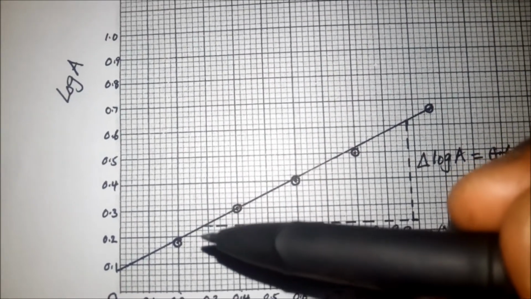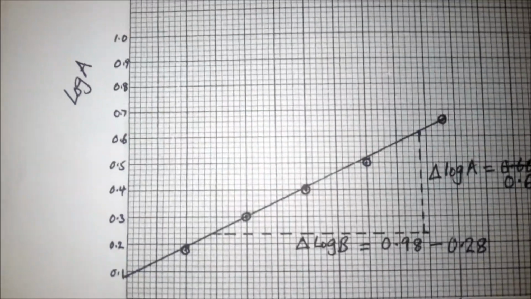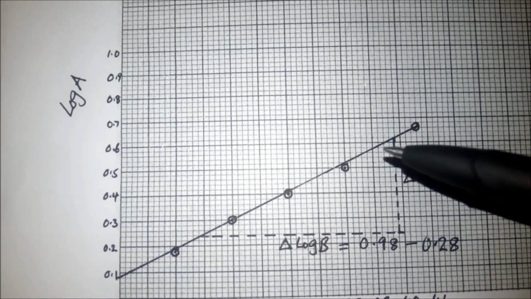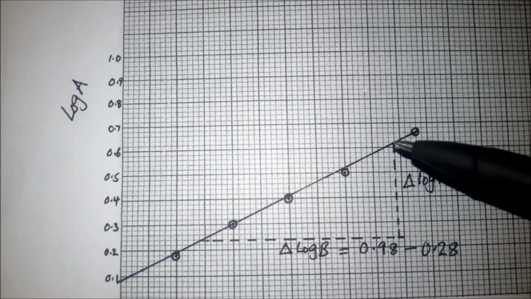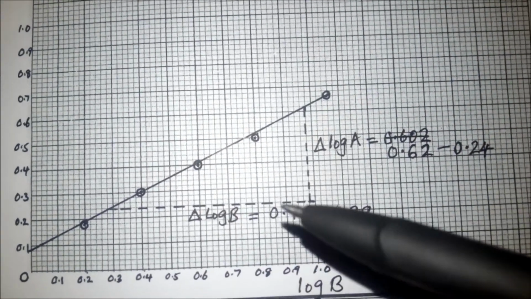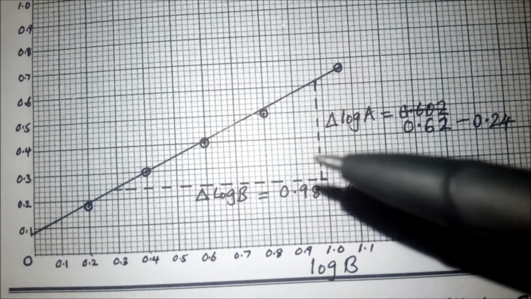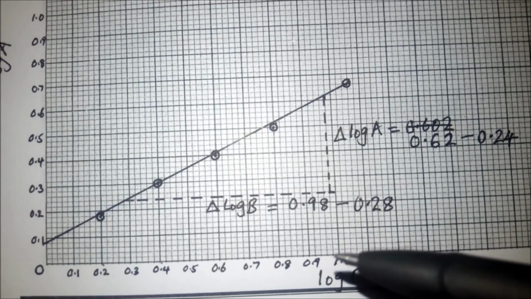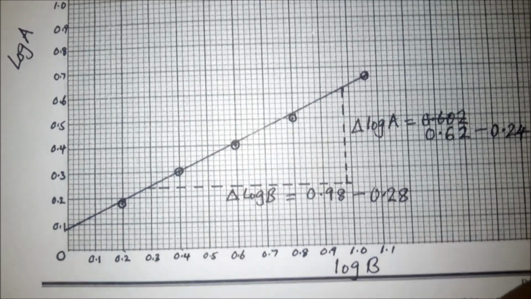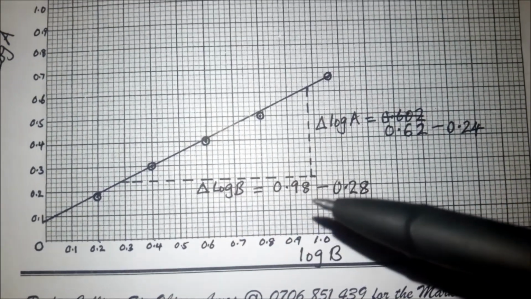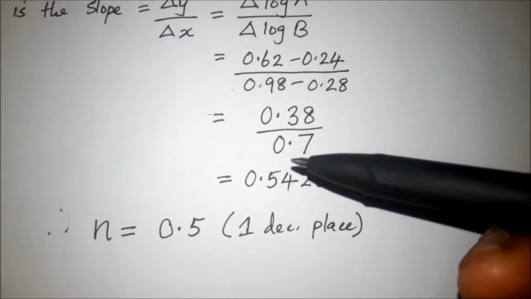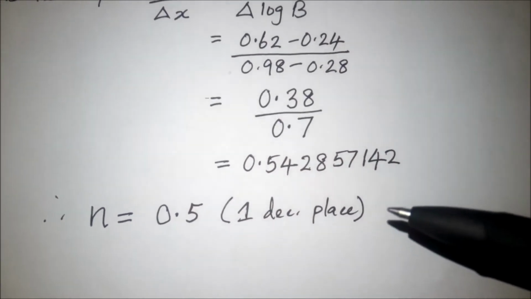If one box is 0.02, this value here is 0.24, and up here we have 0.62, because that is one box more. So the change in y is 0.62 minus 0.24. For x, come down here: this is 0.98, because one little box is 0.02, and here we have 0.28. So the change in x is 0.98 minus 0.28. Use your calculator and evaluate, so that our n to 1 decimal place is 0.5.